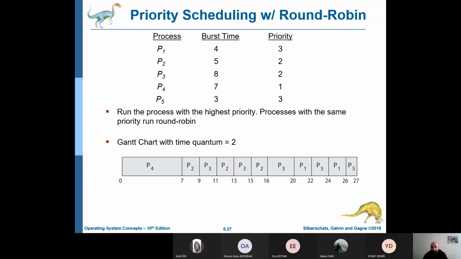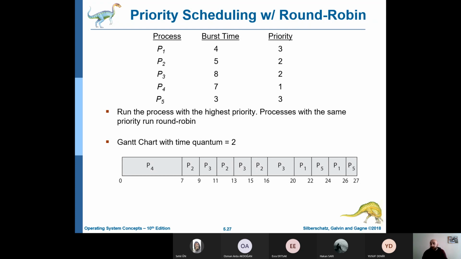But at that level, P2 and P3 have the same priority. So we start with P2, but instead of waiting for the termination of P2, we use a round-robin algorithm here. If we have processes with the same priority, based on a time quantum, we can create a round robin.